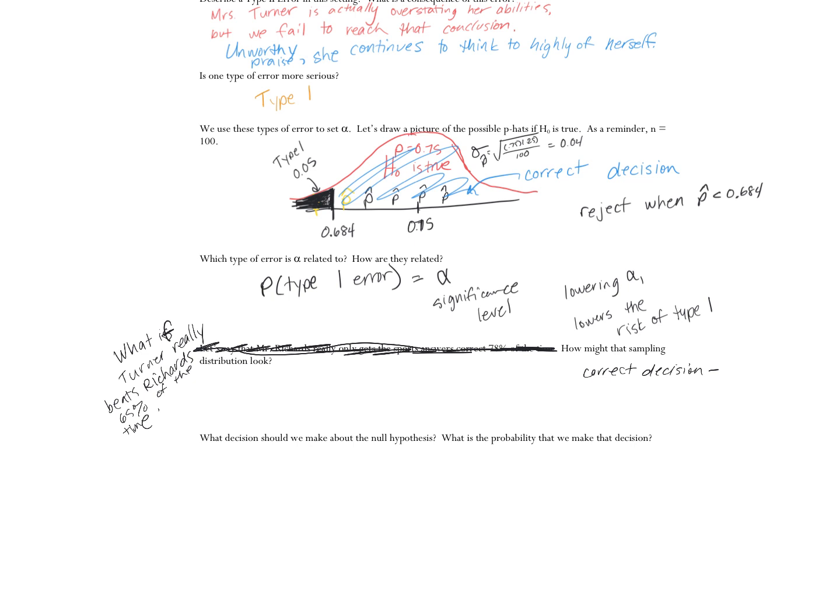The alternative is true, so the correct decision would be reject H0. Are you guys with me? And if I don't reject H0, I'm making an error. But what kind of error is that? Type 2. It'd be type 2.